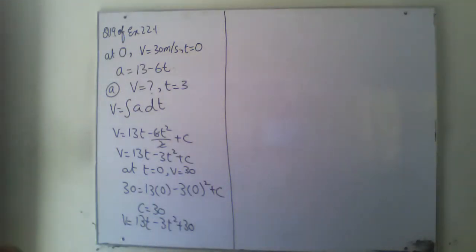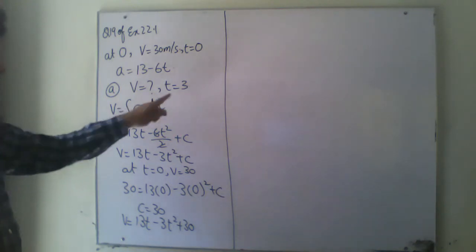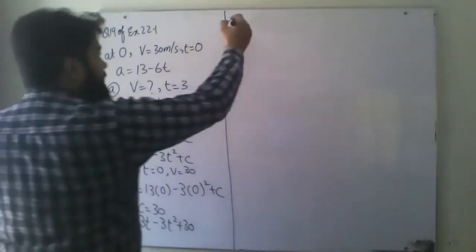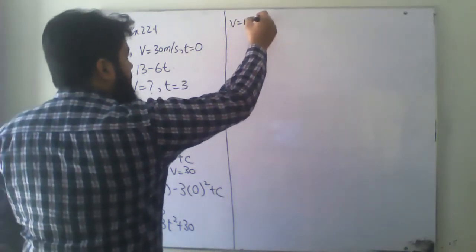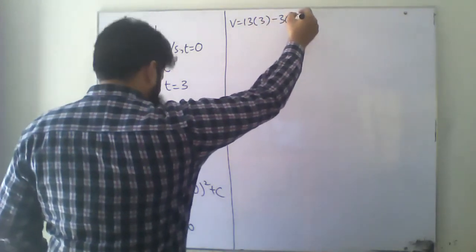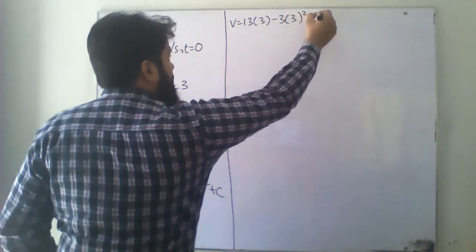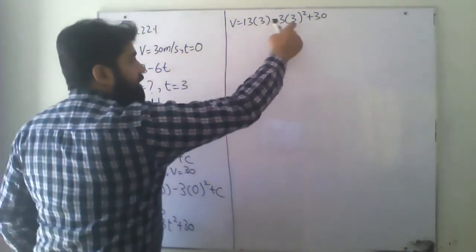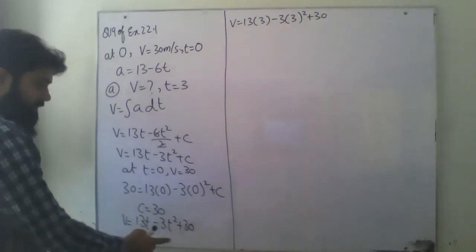Now, what they were asking for, they were asking that what is the velocity at t equals to 3. So, v equals to 13 into 3 minus 3 square plus 30. In this equation, I have put 3 in place of t.